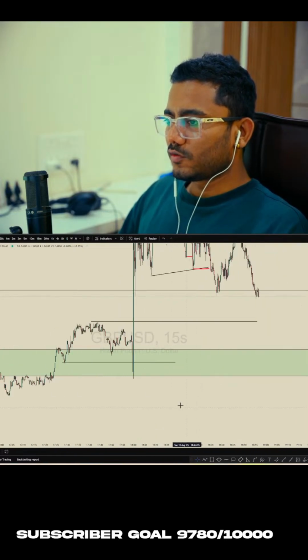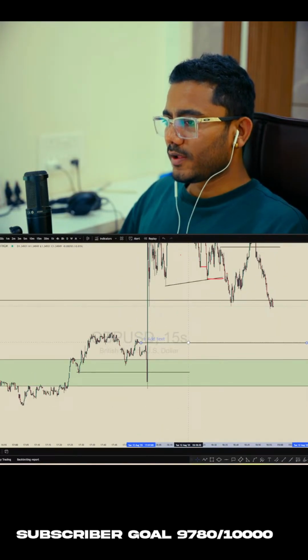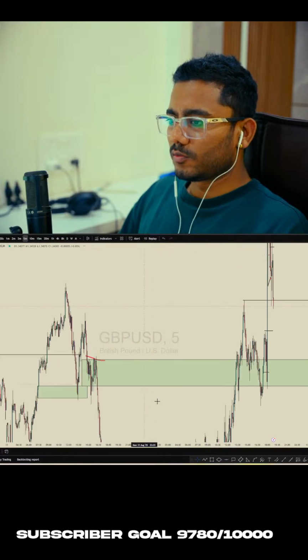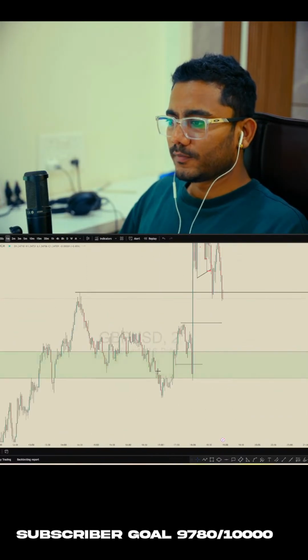So we have this horizontal order block where we can look for the buy side. Let's wait at the horizontal order block where we can look for the buy side.